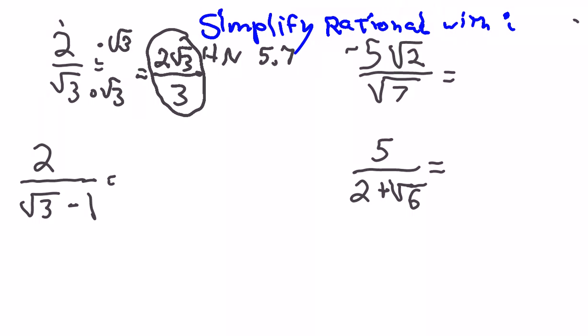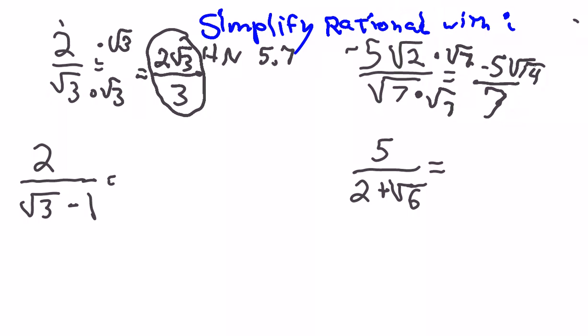So square root of 7, same thing. If you multiply the bottom by square root of 7 and the top by square root of 7, we get just 7 on the bottom. And negative 5 multiplied by the square root of 2 times the square root of 7: square root of 2 times 7 is 14.